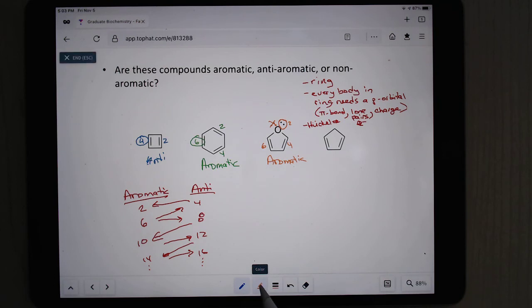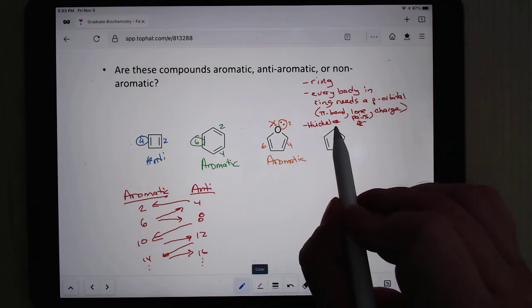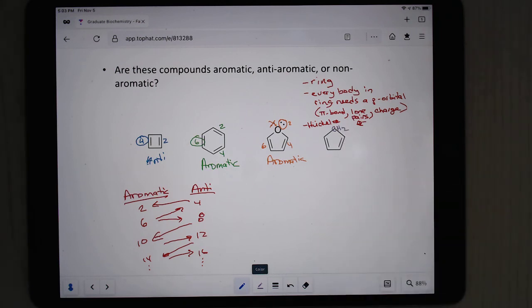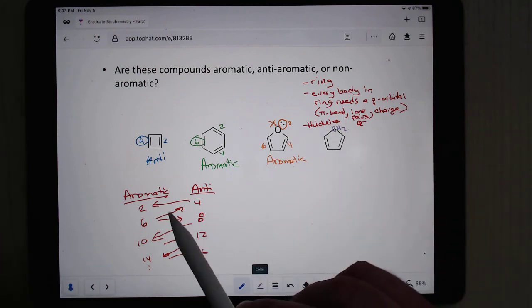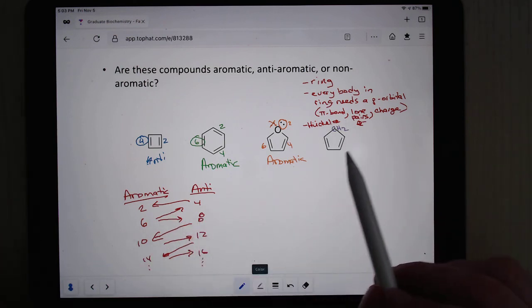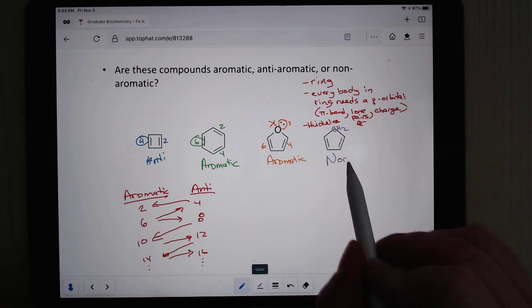So for this one, we are in a ring, however, we do have this CH2 here. And so for that one, it doesn't matter if we had 4 or 6 or whatever, the electrons can't keep moving around. Okay, so that makes this one non-aromatic.